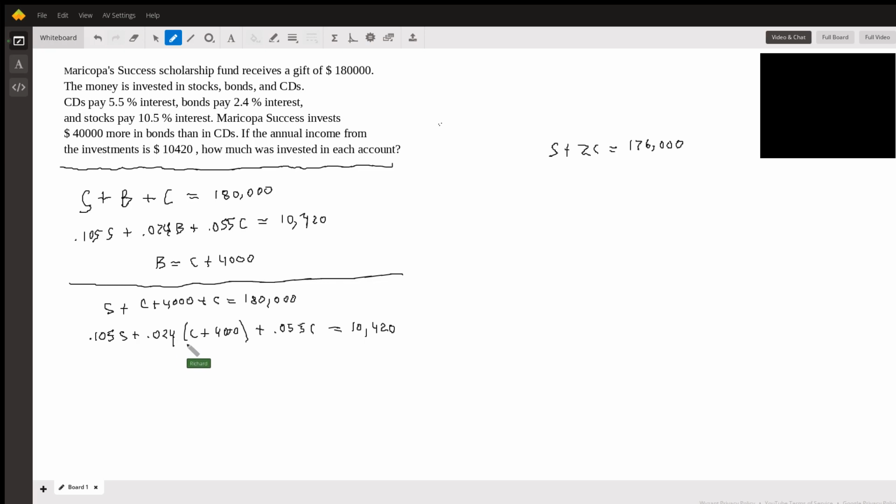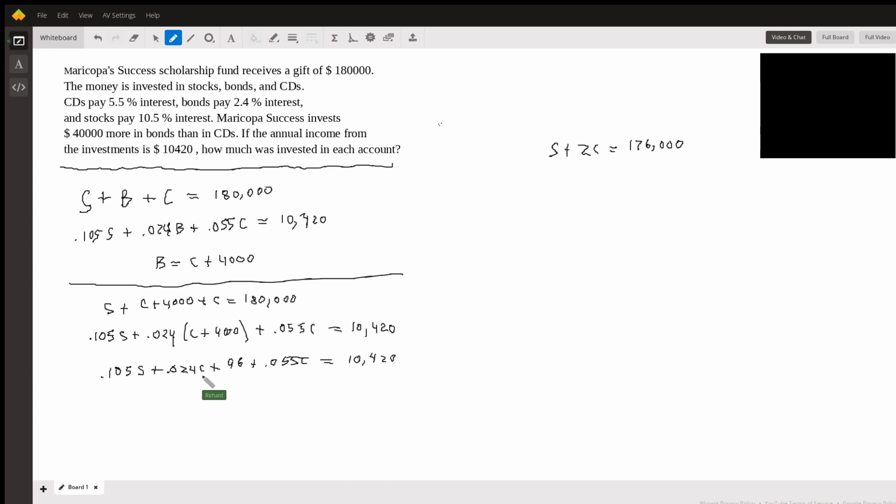We have to distribute that 0.024, so 0.105s plus 0.024c plus 4,000 times 0.024 is 96, plus 0.055c is equal to 10,420.